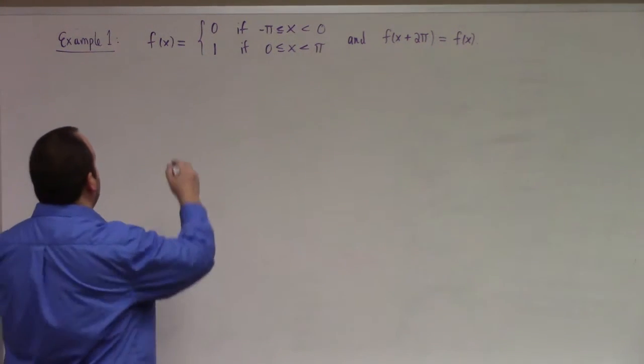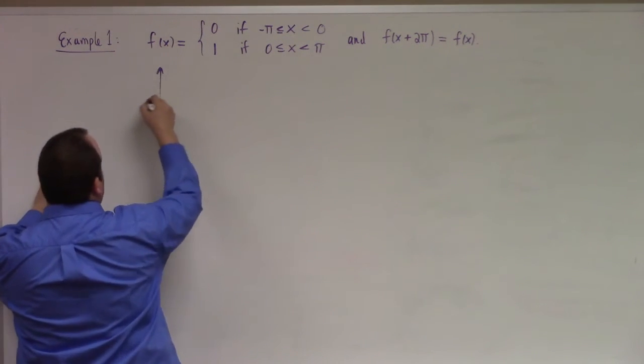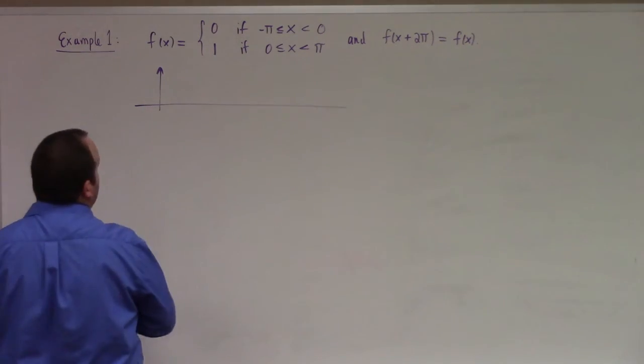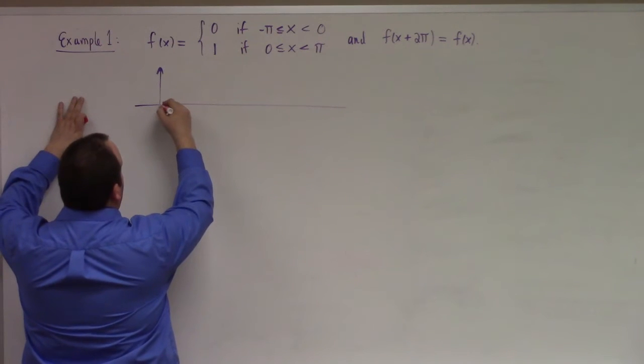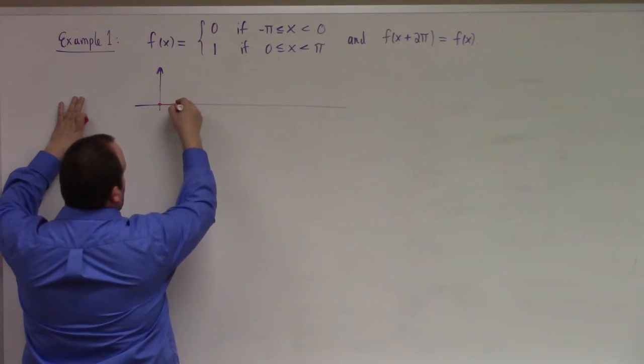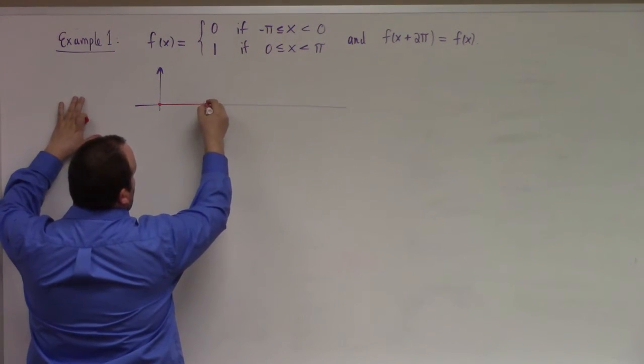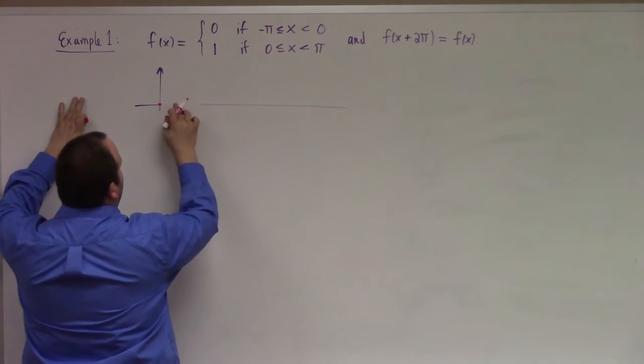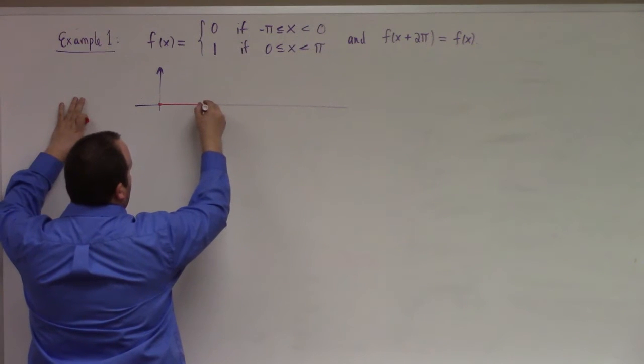If you graph this thing, it looks like 0 over here to 1, over to pi rather. Actually, I'll fix it just a second here.